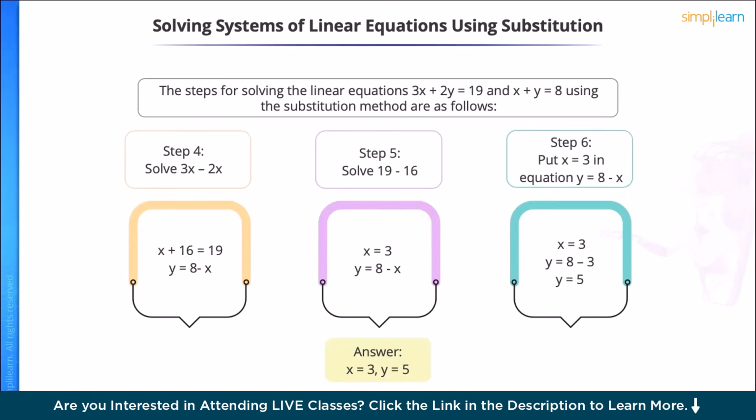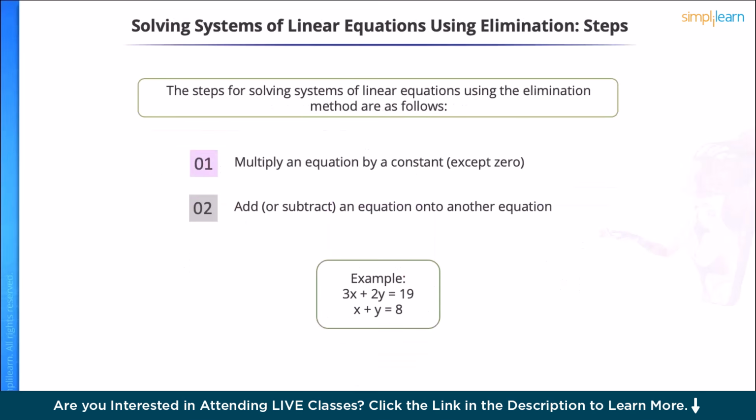We solve this further, and we end up getting x plus 16 equals 19, and finally x equals 3. Now we take the value of x and substitute it in the reformed second equation, y equals 8 minus x. That gives us y equals 8 minus 3, hence y equals 5. The final answer remains x equals 3 and y equals 5.